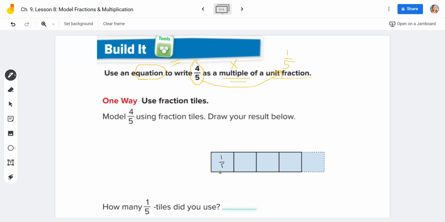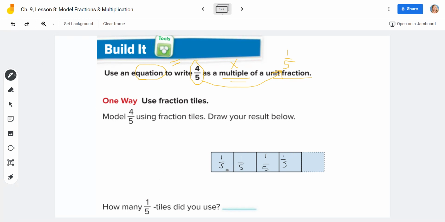It's a very terrible 5, but it is what it is. Plus 1/5, plus 1/5, plus 1/5. All right, there's all of my fraction tiles for 4/5. So I have 1/5, 1/5, 1/5, 1/5. Do you agree that is 4/5? Hopefully so, because it is.